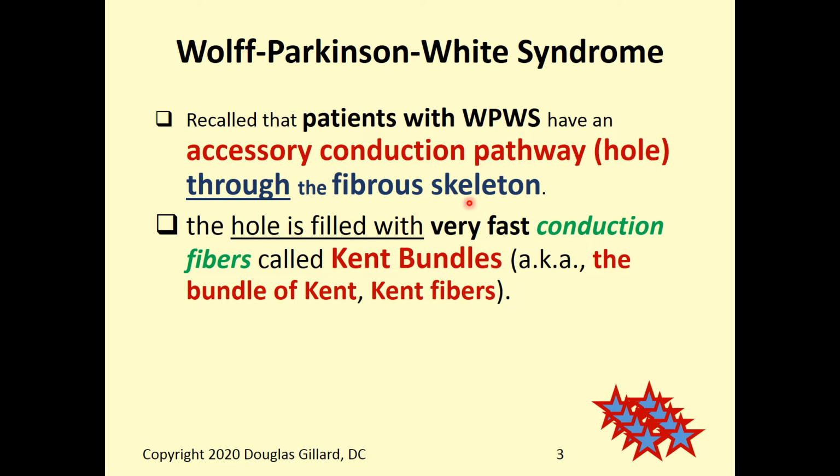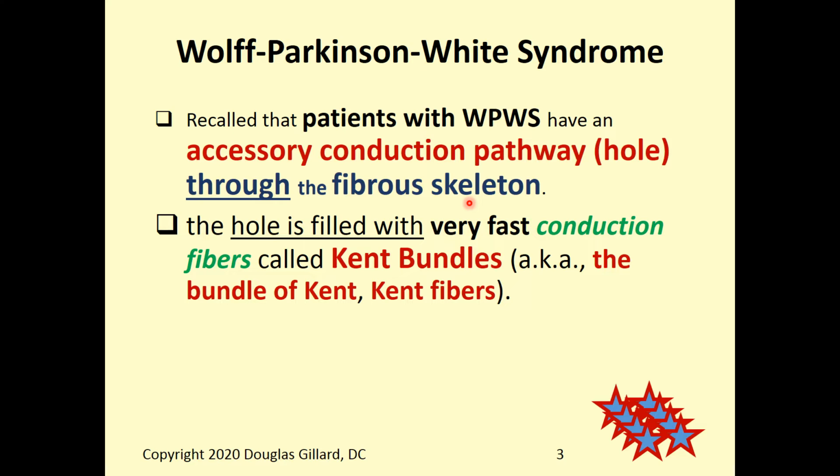One of its jobs is to keep electrical signal from the atria from sneaking into the ventricles ahead of their scheduled time. Remember, once the SA node depolarizes, the current spreads over the atria pretty evenly and quickly, but the skeleton prevents anybody from sneaking in.